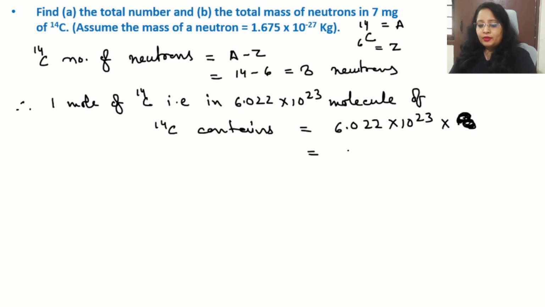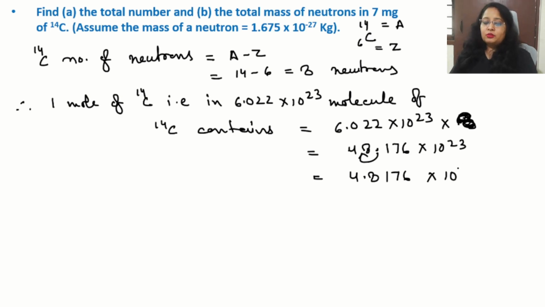So here our answer will be 48.176 into 10 to the power 23. And while making it more appropriate, we will shift the decimal, 4.8176 into 10 to the power. Now here shifting decimal towards left, it means adding 1.